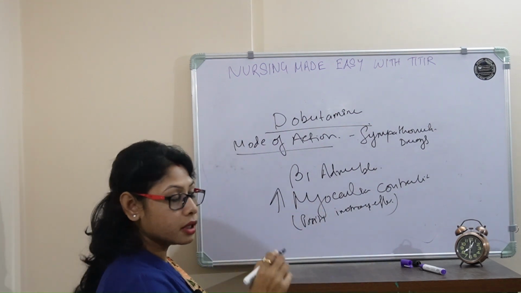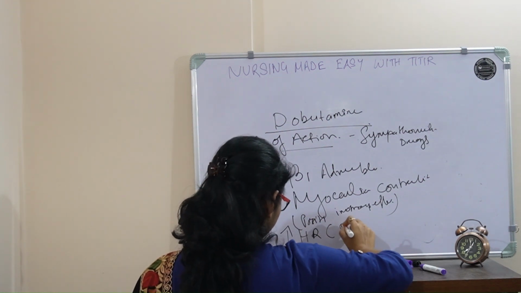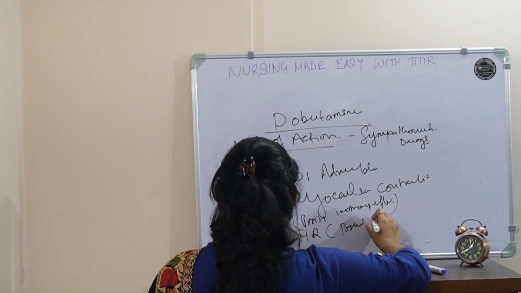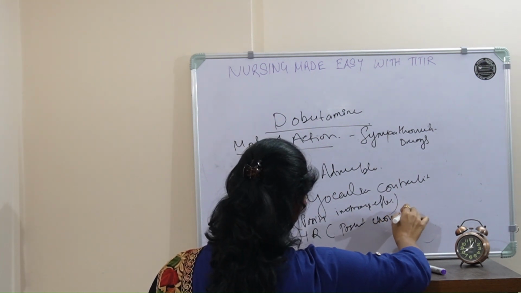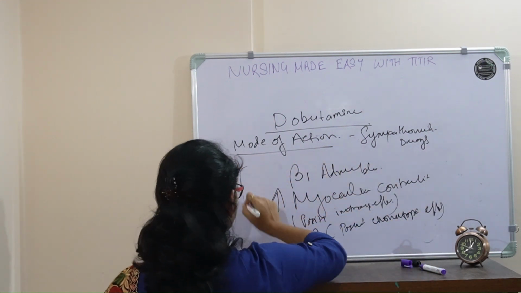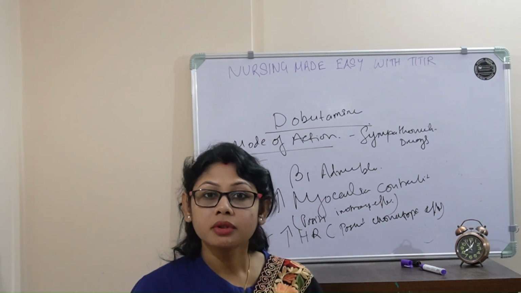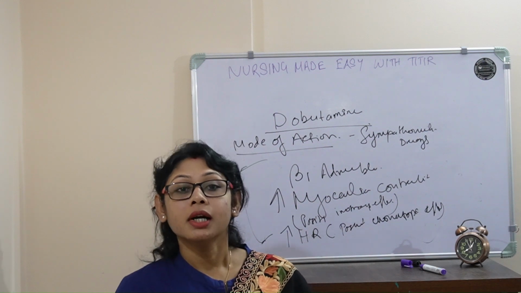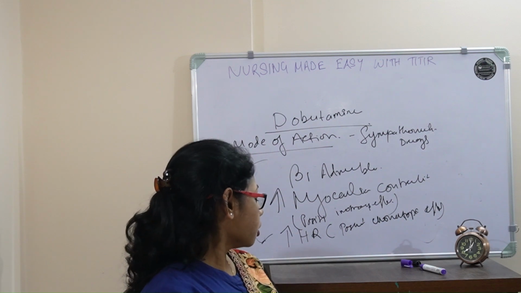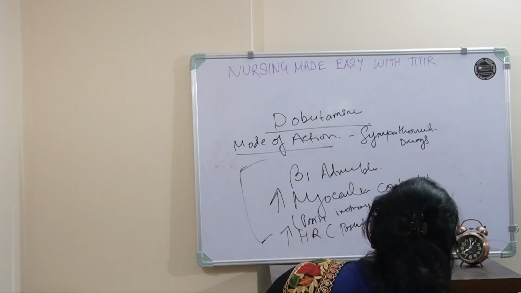It will also help to increase the heart rate, so it is called a positive chronotropic agent. So in beta 1 we can see myocardial contractility will be improved, so cardiac output will be more. It will also increase the heart rate, so there will also be a chronotropic effect with dobutamine.